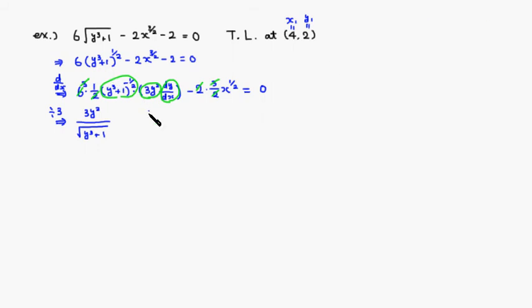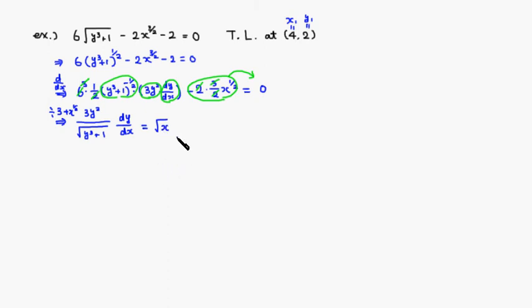Then I'm going to add x to the 1/2 to both sides, so that we can move this term over to the other side. It's negative x to the 1/2, so adding positive x to the 1/2, which is just the square root of x.